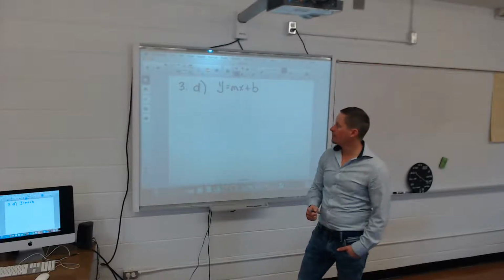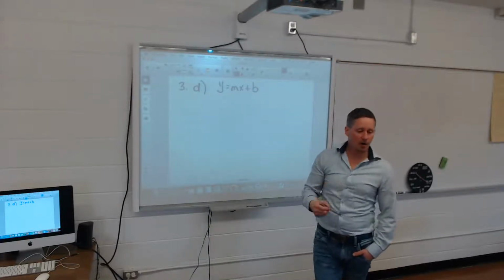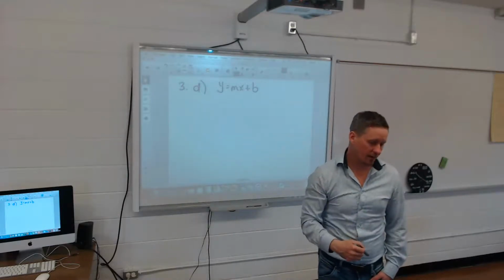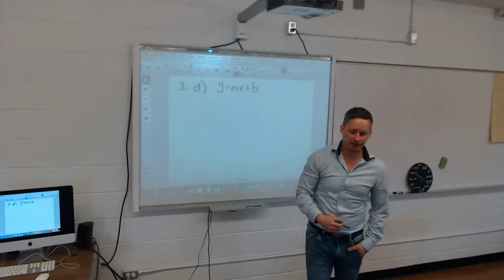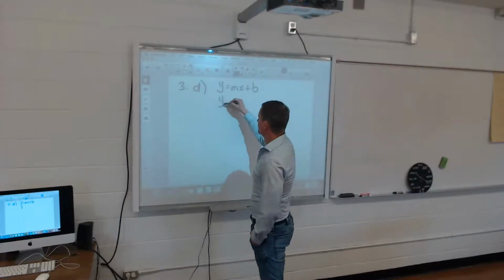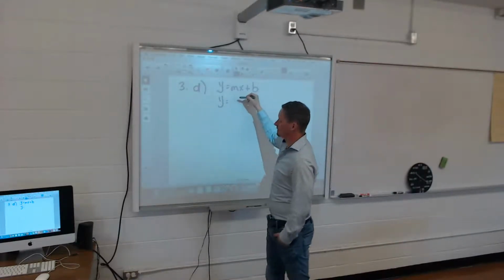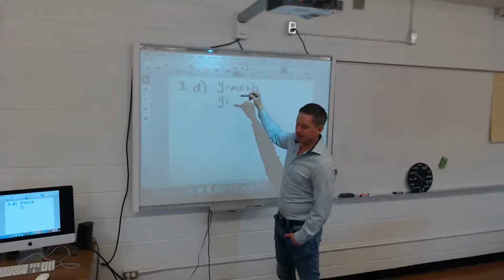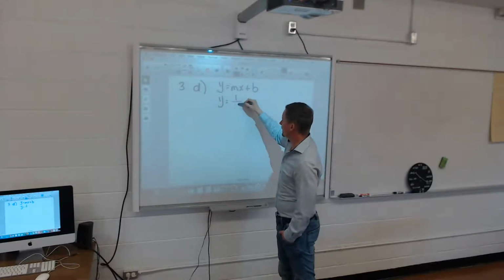0.5. But because we're working with slope, we want to have fractions. So we have a rise over run. So what is 0.5 as a fraction? 1/2.